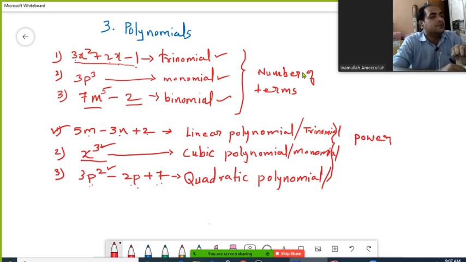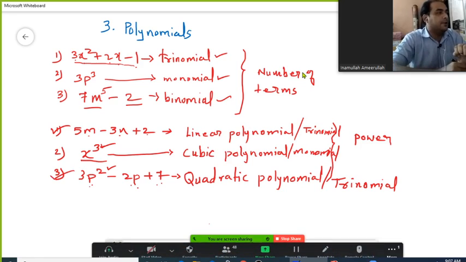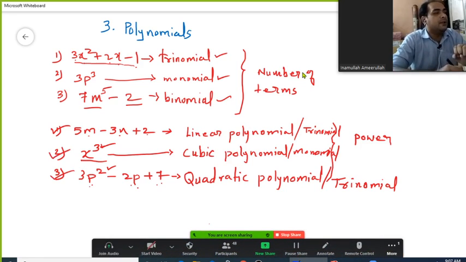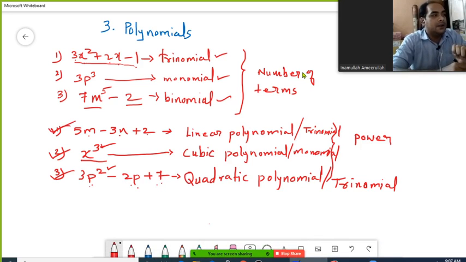So this is called quadratic polynomial as well as trinomial. This is cubic polynomial and monomial. This is trinomial and linear polynomial.